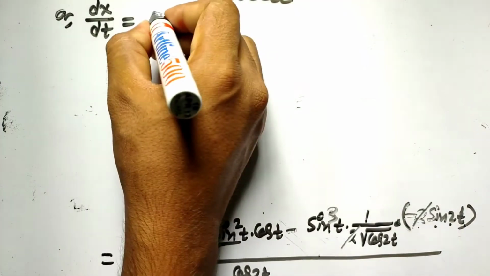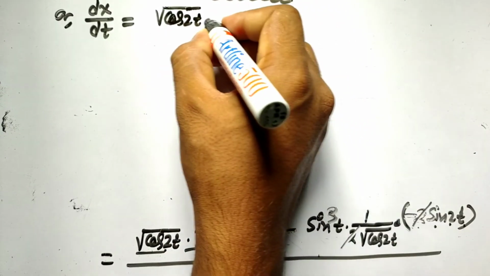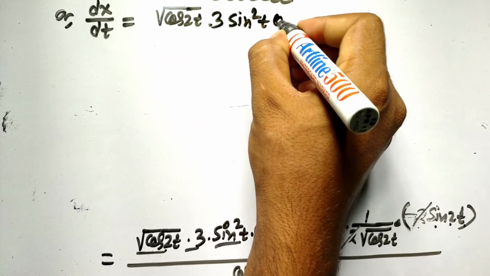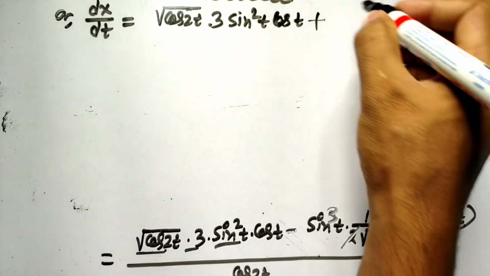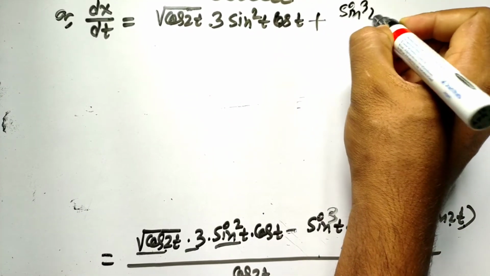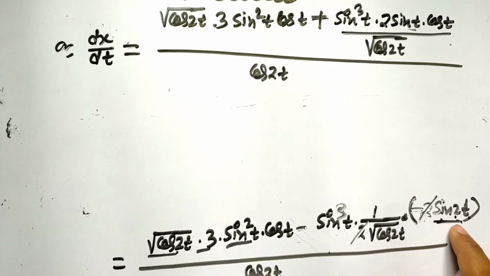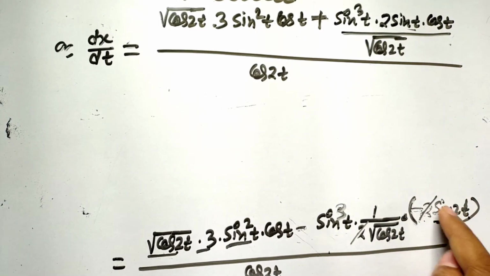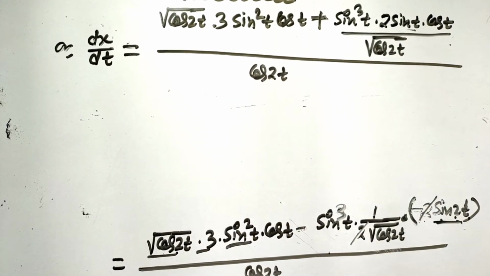So I am writing one line here: root under cos 2t into 3 sin square t cos t, plus sin cube t into sin 2t, whose formula is 2 sin t cos t, this is a trigonometry formula, divided by root under cos 2t, whole divided by cos 2t.